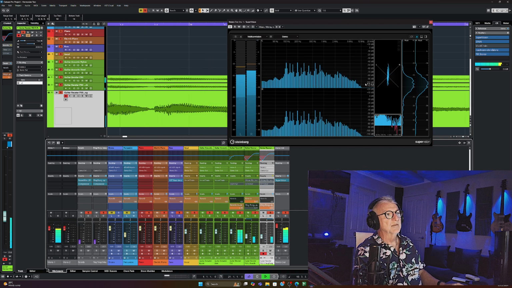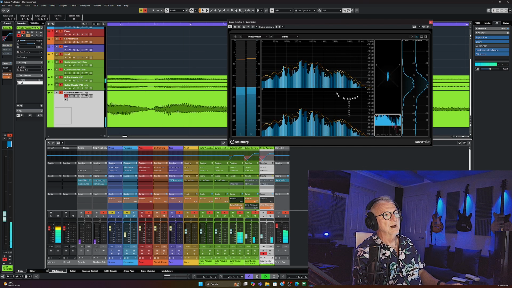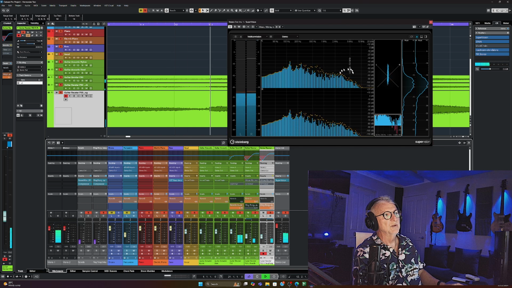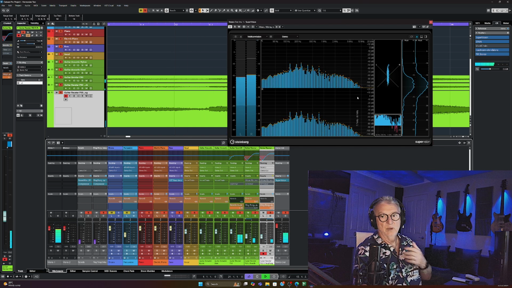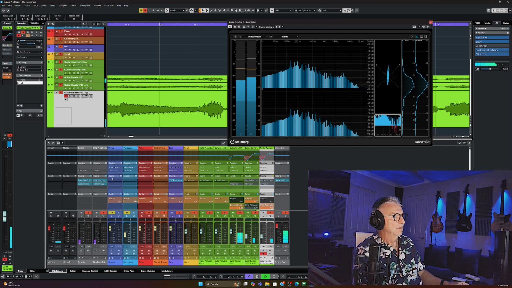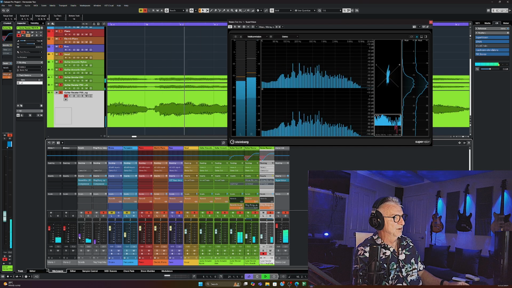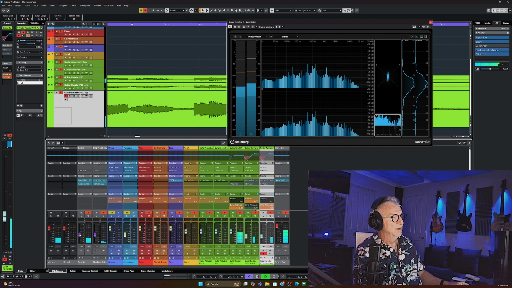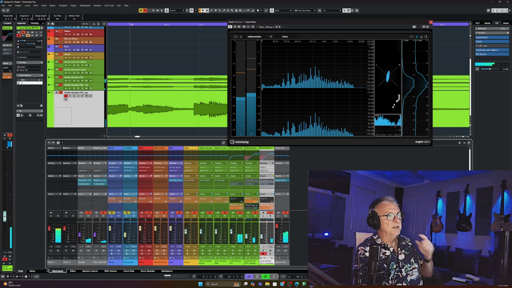So there's much more life in it. And you can see the high frequencies here with all the overtones have a lot more energy in them. And if I open up the reverb and ping pong echo, you can see you get a lot of life into the signal.